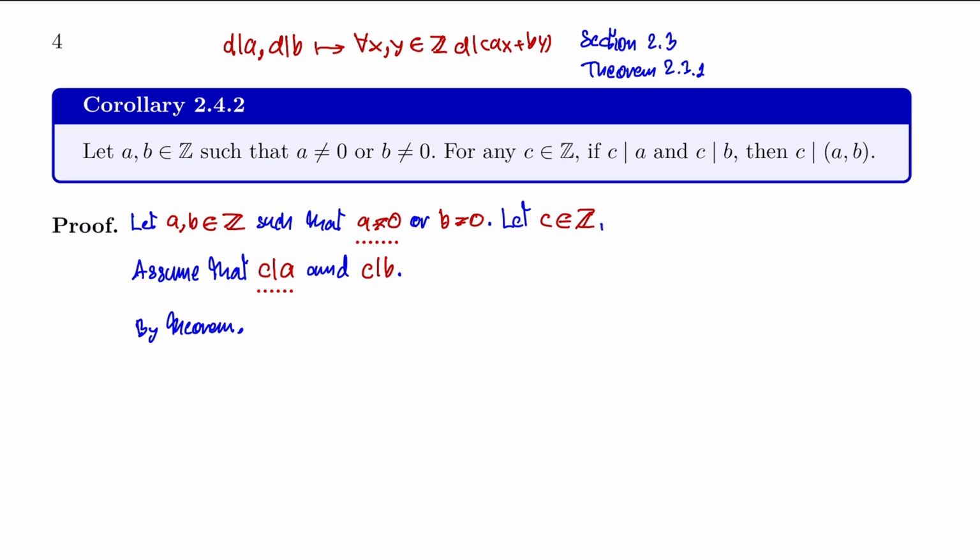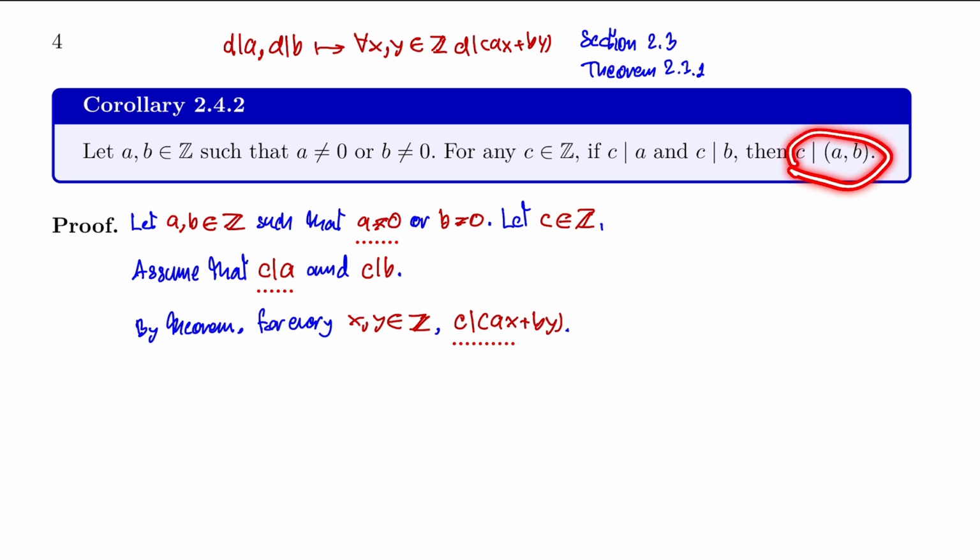So now, if we have c divides a and c divides b, what do we have? For every integers x and y, c divides ax plus by. Okay, but hang on.